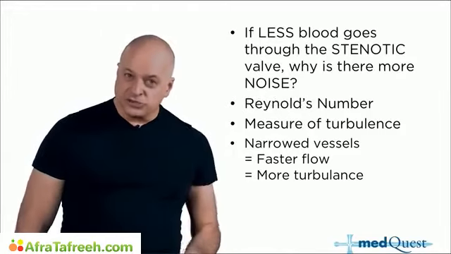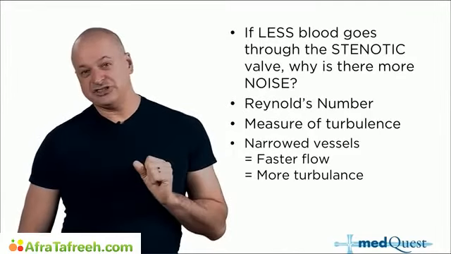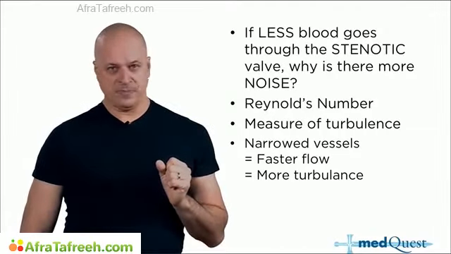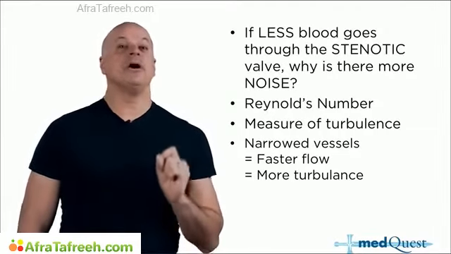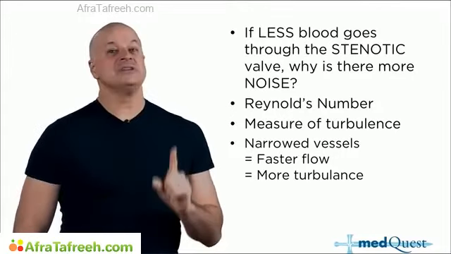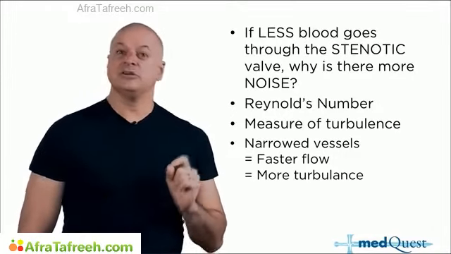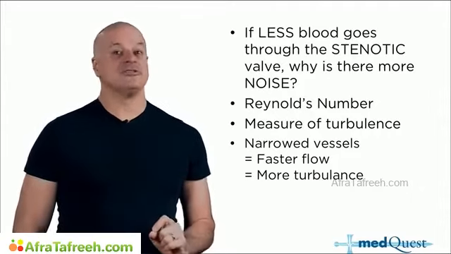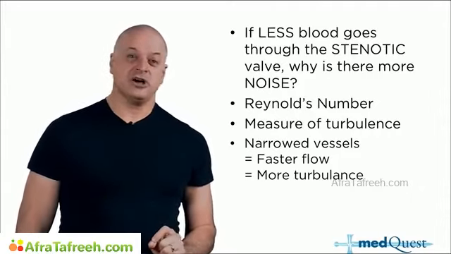No, because the speed of that flow, the velocity, goes up more than the flow goes down. The flow goes down, but the velocity goes up more. And that's why it's faster.